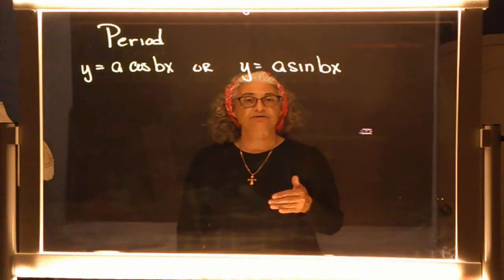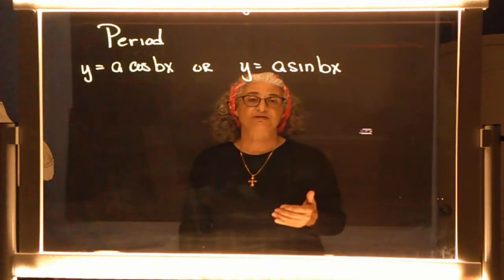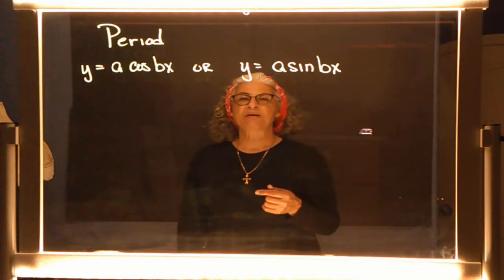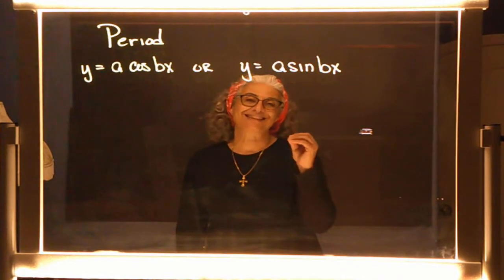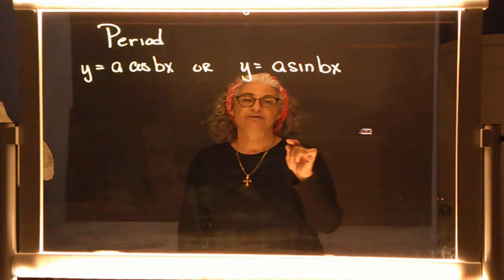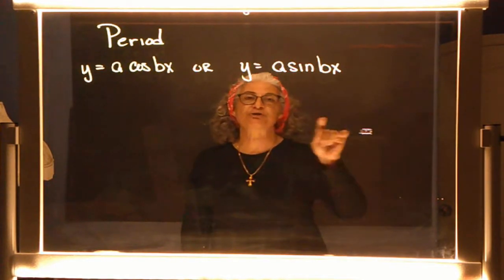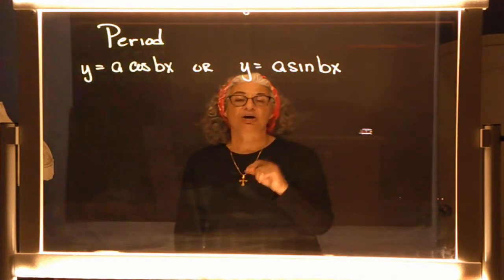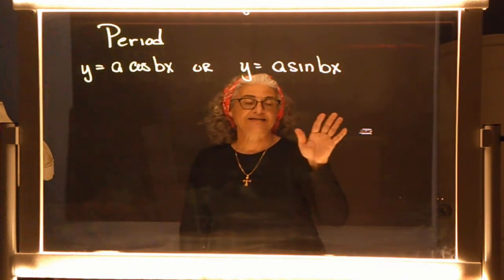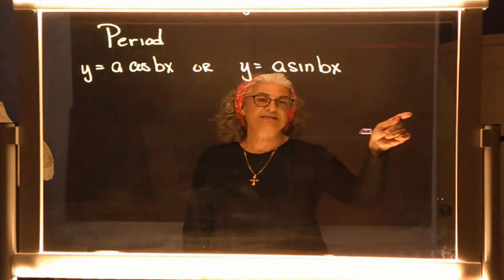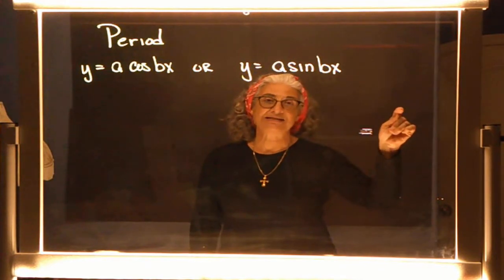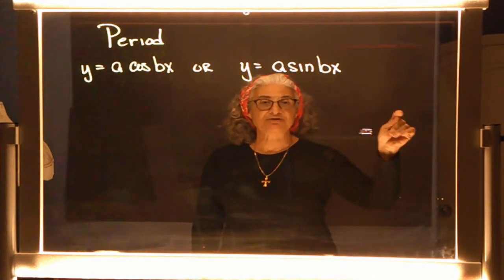Okay, so the next characteristic to graphing a sine or a cosine function is what's called the period. What does that mean? It means what is the length of one revolution around the circle? Got it? In a typical circle, when I start at 0, the full angle rotation takes how much? Yeah, that's 2 pi.